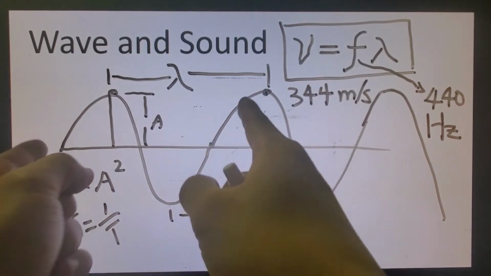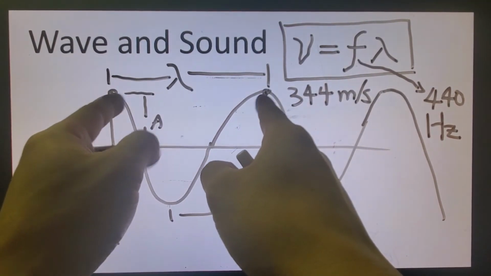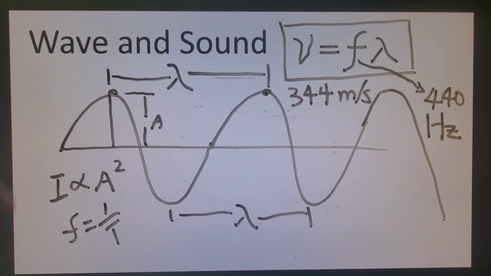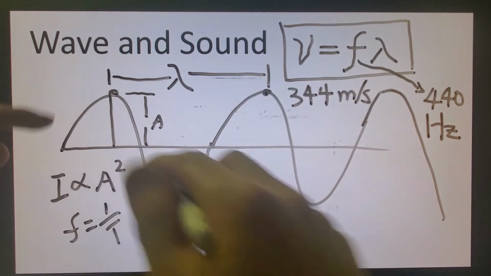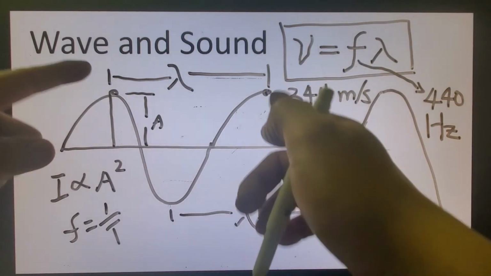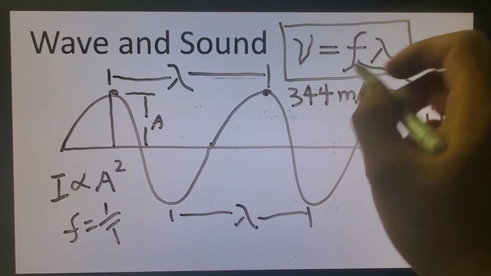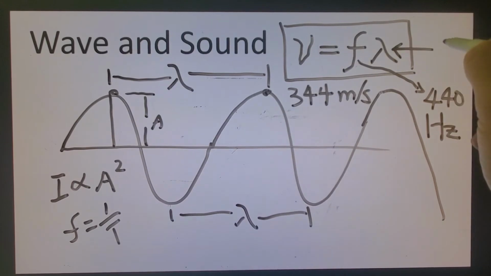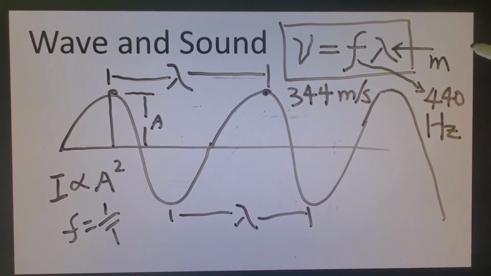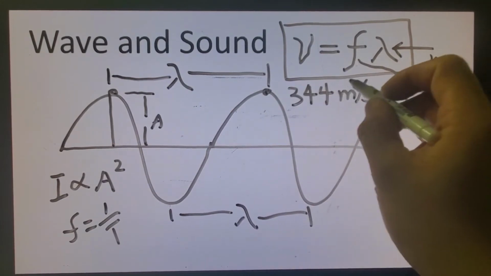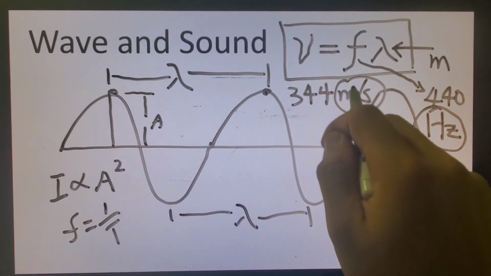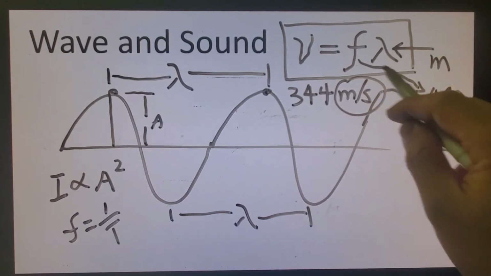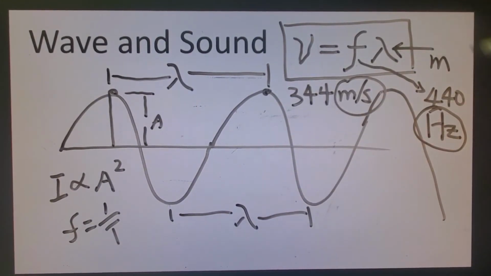So for example, if it oscillates 5 waves per second, and the wavelength is 1 meter, how fast does it travel? 5 times 1, it will be 5 meters per second. If you use all these standard units, velocity will be meters per second, frequency will be in hertz, then lambda will be in meters.